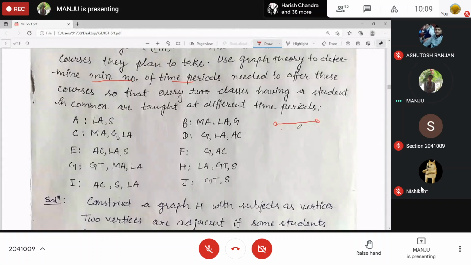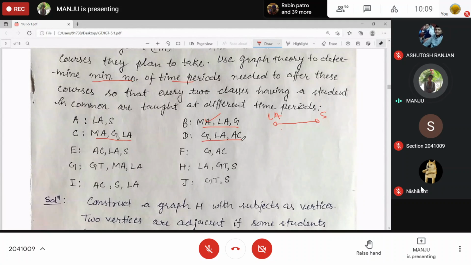Okay, so for example, this LA and S, there is a common student in between. A student has taken both, no? That's why there is an edge. Like this, we will draw this graph. For this one, there will be a C3 between MA, LA, G. Same here, it is already drawn over here, so no need to draw again.